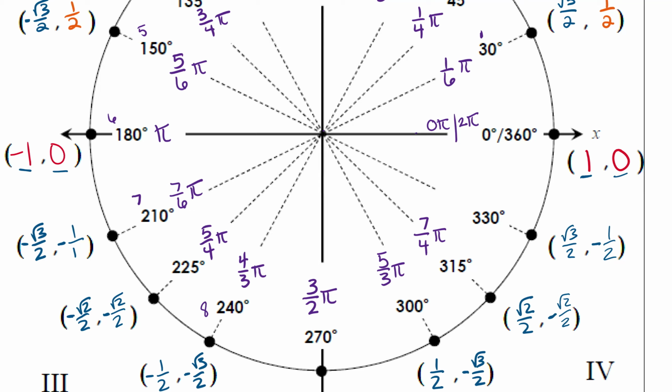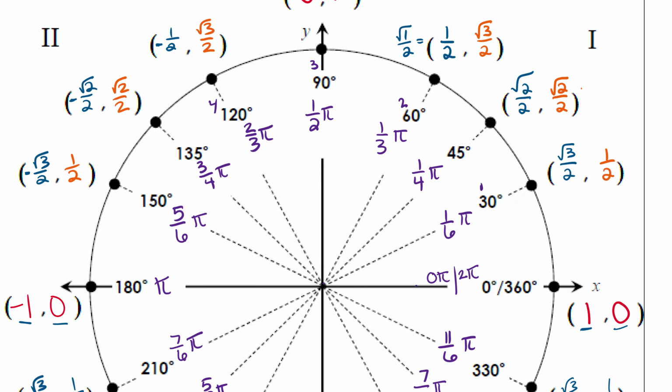This is 8, which we already have, 9 we already have, 10 we already have, 11, so 11/6 pi. That's why I go in that order, because if you already have a radian listed, then you don't have to do anything. You already have the answer. You're just trying to find the few that are missing.